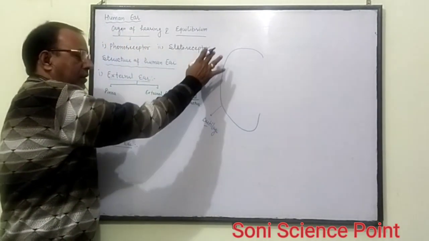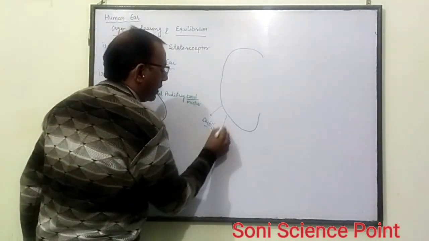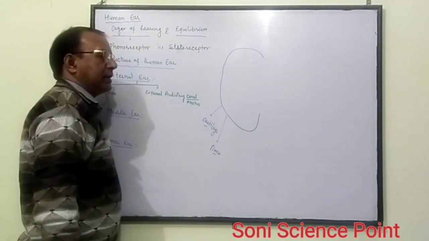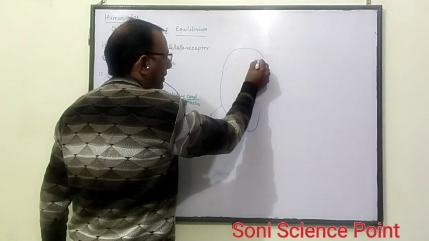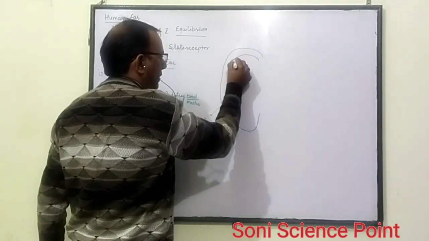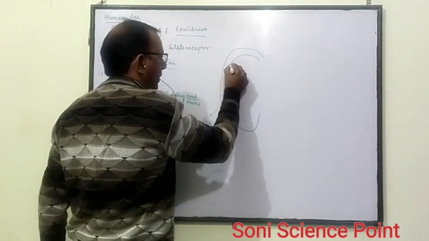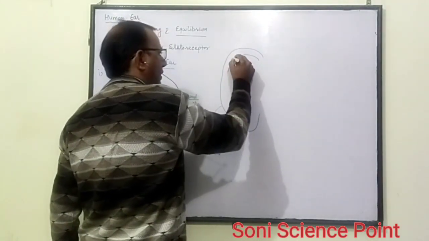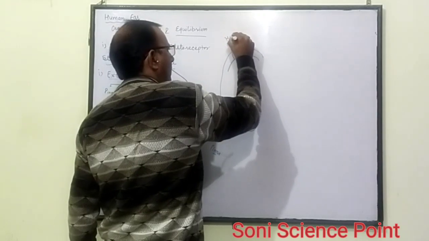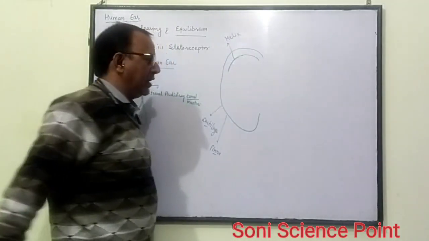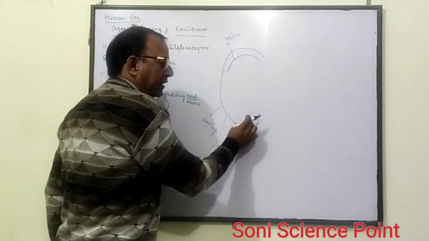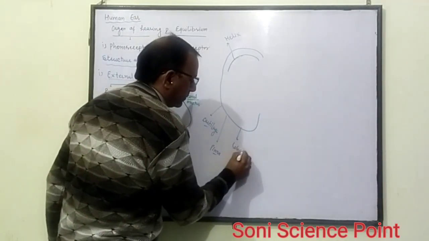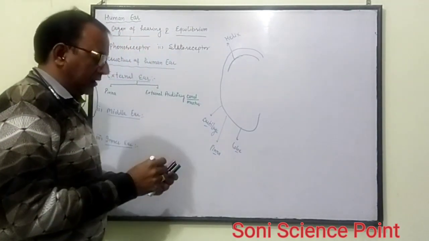This external flap-like structure is called the pinna. On the upper side, it contains a hard ridge, or hard muscle, called the helix. And the lower zone is very soft, and that is called the lobe. This is the external pinna.